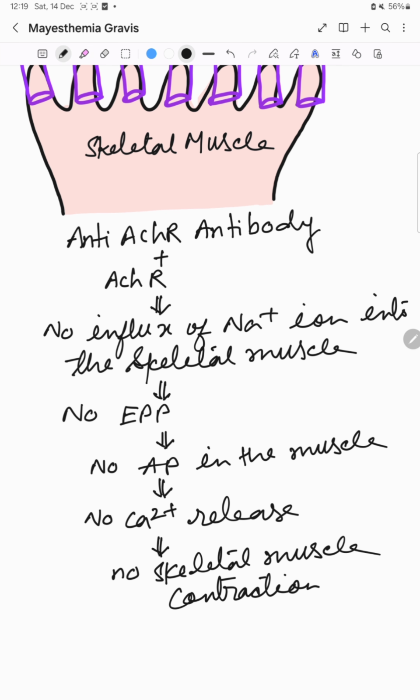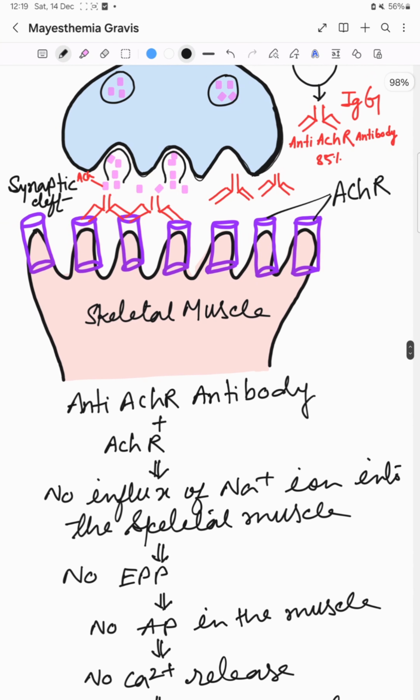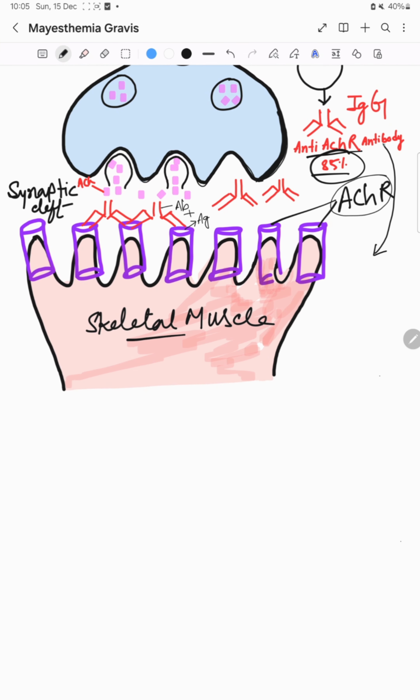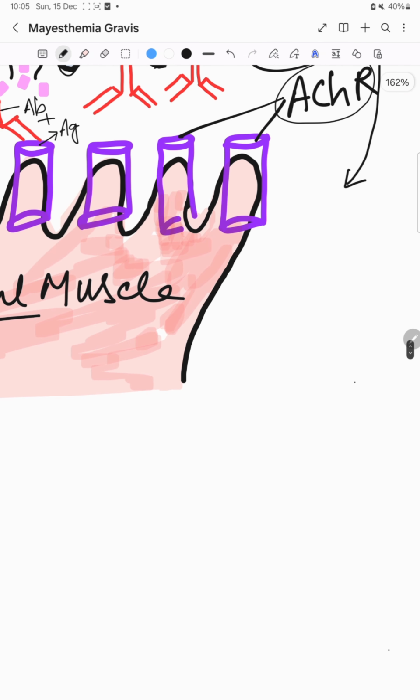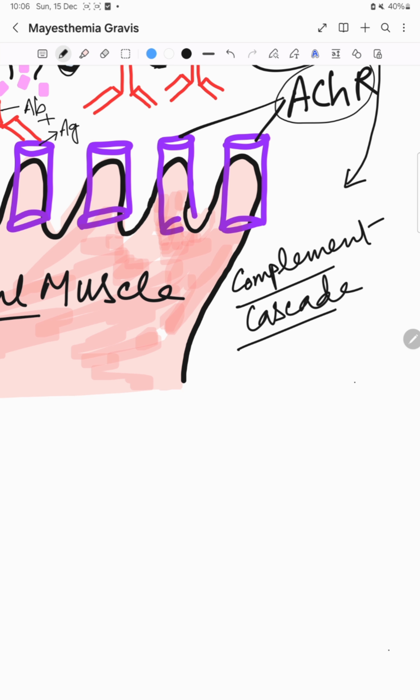But this is not the ultimate cause, because there is another reason: the anti-acetylcholine receptor antibody activates a complement cascade. Cascade means a chain of events, and it may lead to formation of membrane attack complex.